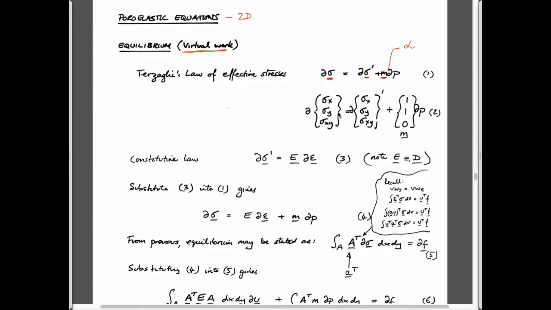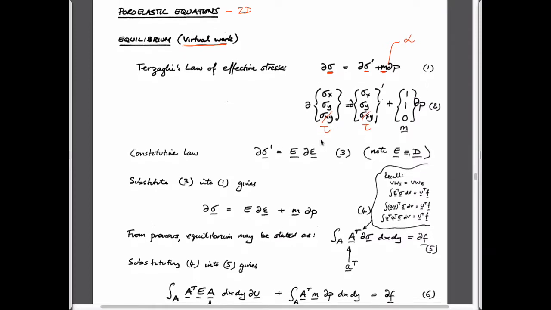If we had a three-dimensional problem, then there would be 6 values of stresses, 3 normal stresses, 3 shear stresses, and this matrix here would be 3 1s and 3 0s. So it'd just be different. But the only important thing to know is that shear stress isn't affected by fluid pressures.